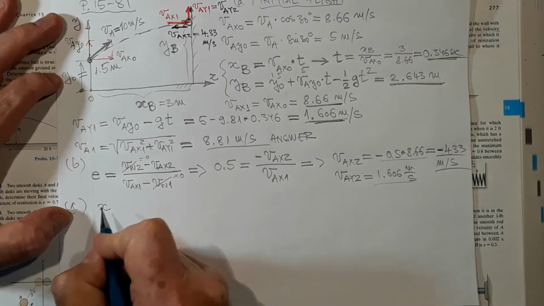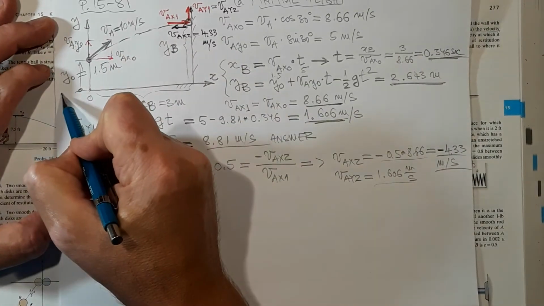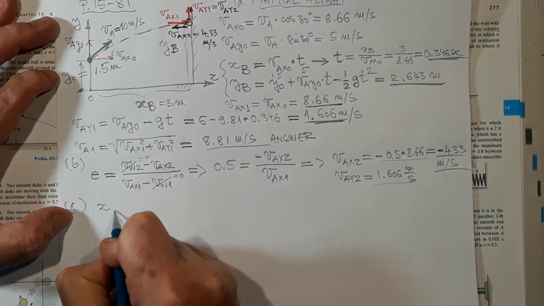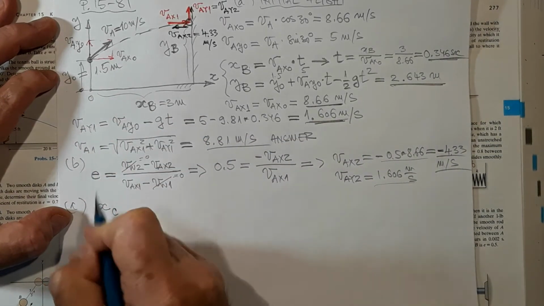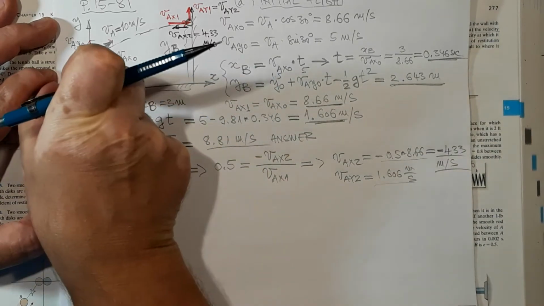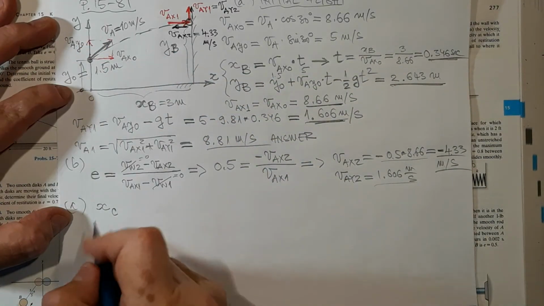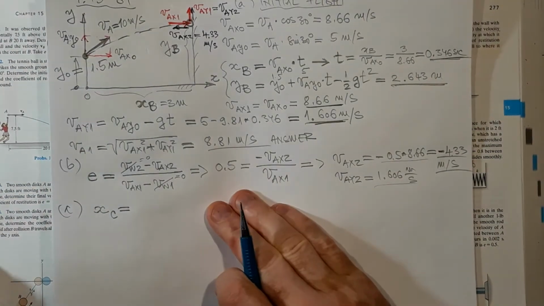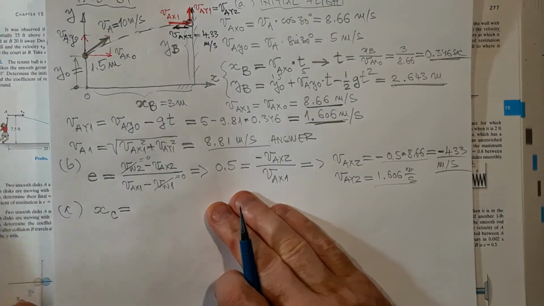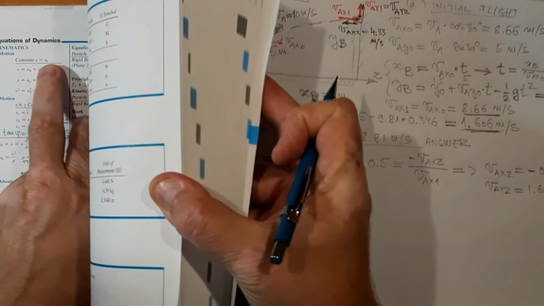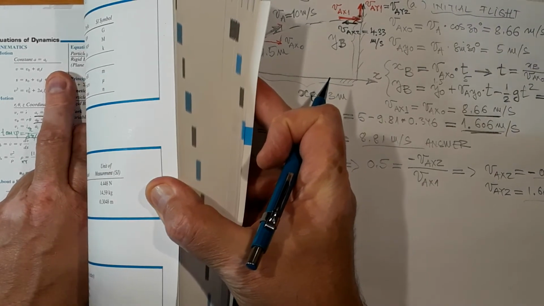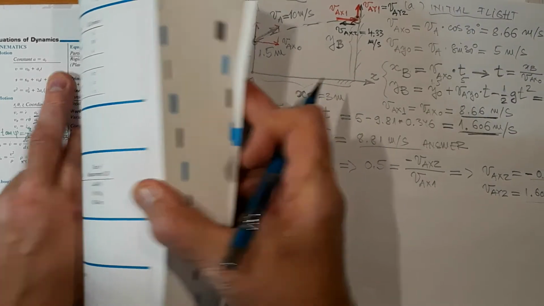So x, according to the figure, will be a negative value. I'm going to call that point xc. Distance would be 3 plus the xc, the calculated value. So xc is this constant velocity equation: s equals s0 plus v0 t.